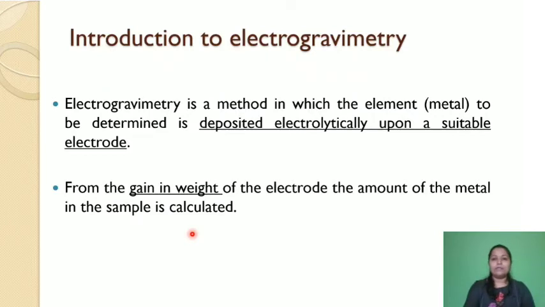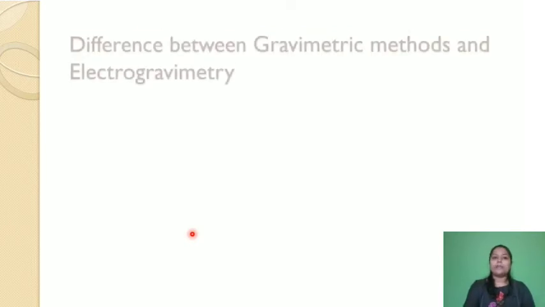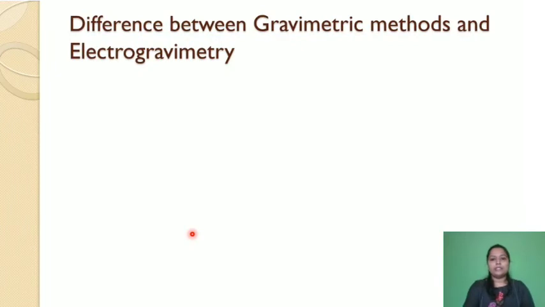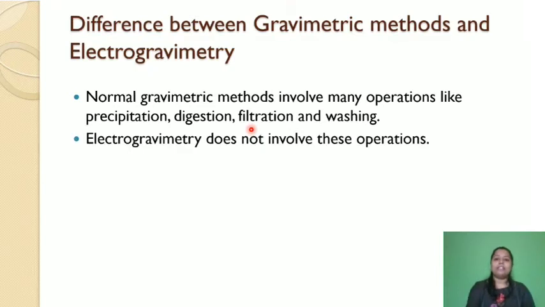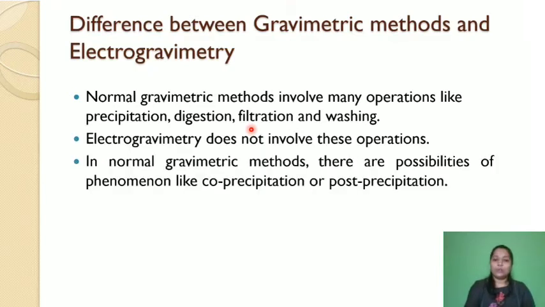Then we will see the difference between electrogravimetry and gravimetric methods. Normal gravimetric methods involve operations like precipitation, digestion, filtration and washing. But electrogravimetry does not involve such operations.